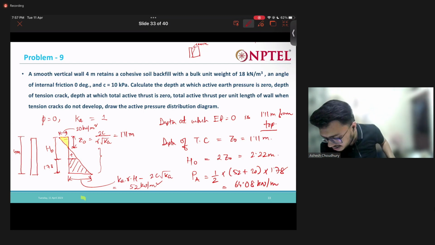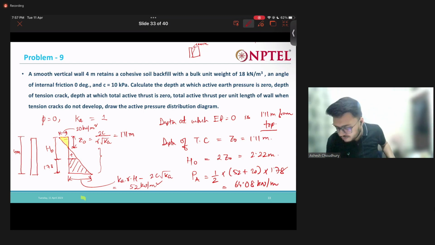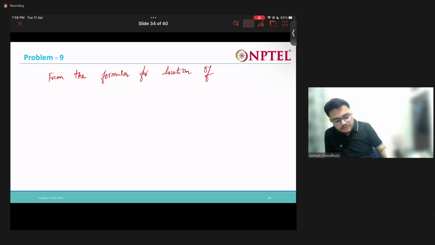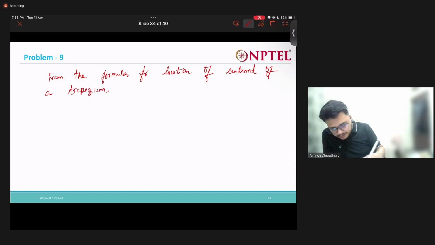Now please find out the line of action of this active thrust. You use the formula for the location of the centroid of a trapezium.